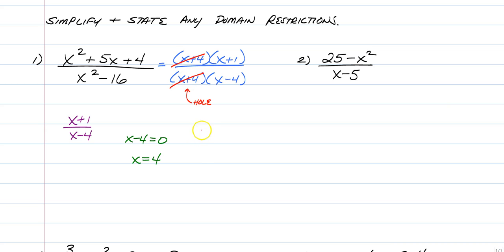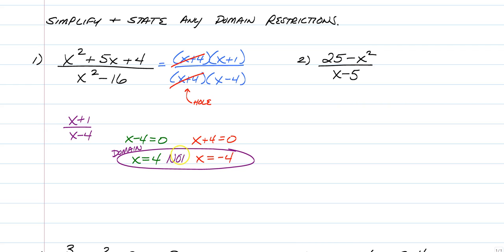So another thing you would do is take your hole, or what cancels, and you set that equal to 0 as well, and solve again, and we have x is equal to -4. Okay, so these guys right here, after you simplify, these are known as your domain restrictions, okay? So that's actually going to represent what it is not allowed to be. Okay, so this is what it cannot be.